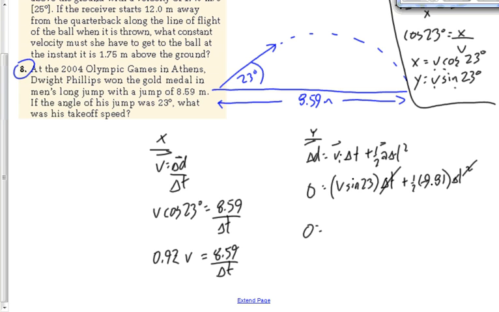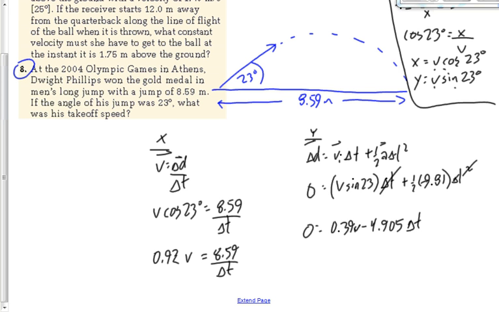Yep. That should be 0.39 V, right? Forgot the V there. Okay. I get two unknowns, V and T. The good news is I get two equations.